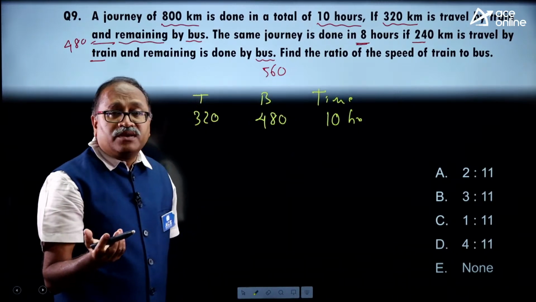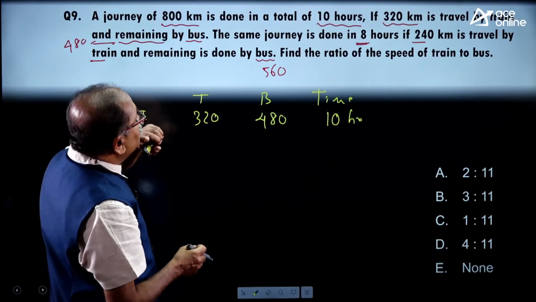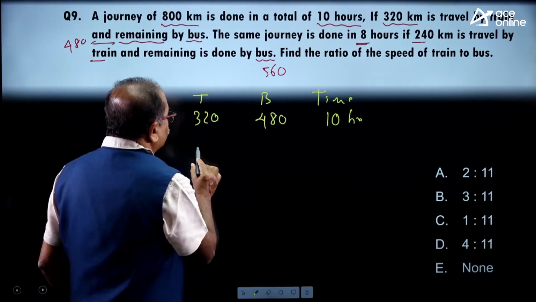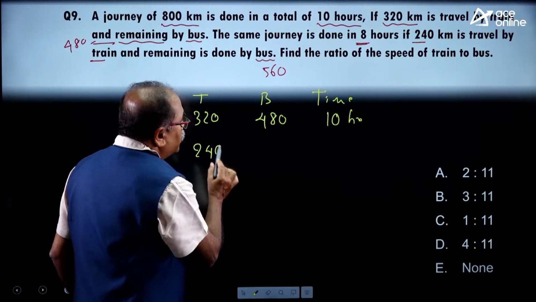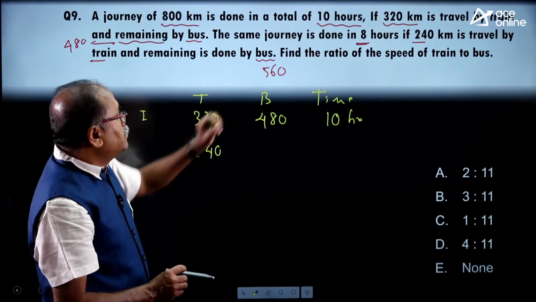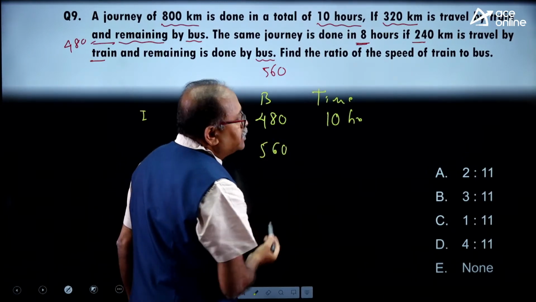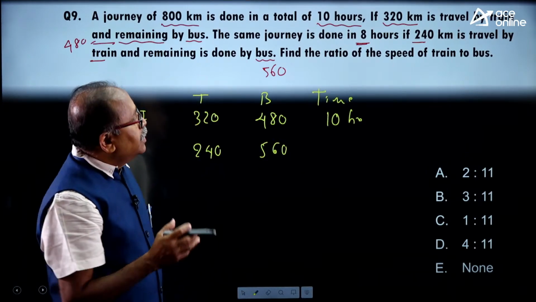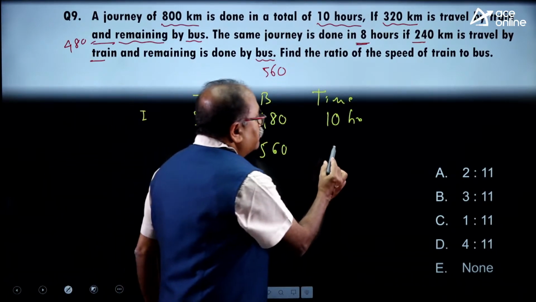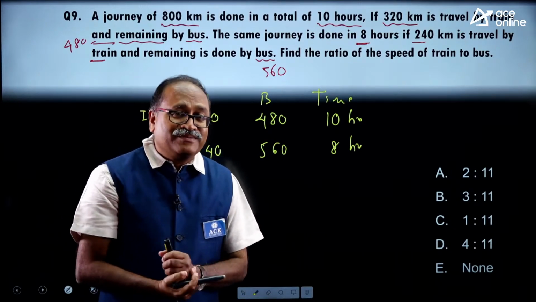I am just copying the question here in order to explain. Now in the second case, 240 kilometers by train, and the remaining, which is 560, travelled by bus, and the total time taken for that is 8 hours.